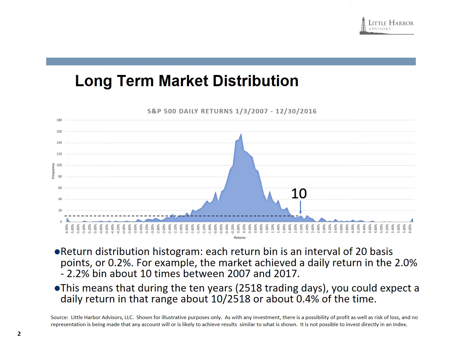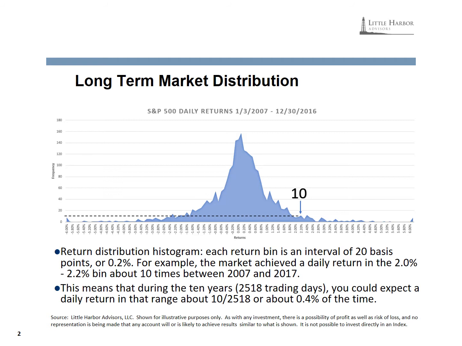This is called a distribution chart, and it describes the distribution of the daily return of the S&P 500 over the 10-year period 2007 to 2017. On the bottom of the chart are bins representing the return of the S&P, incrementing by 20 basis points for each bin. Right of center are positive returns, and on the left, negative returns in the same increments.